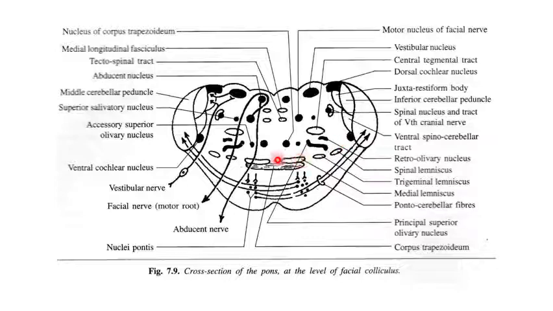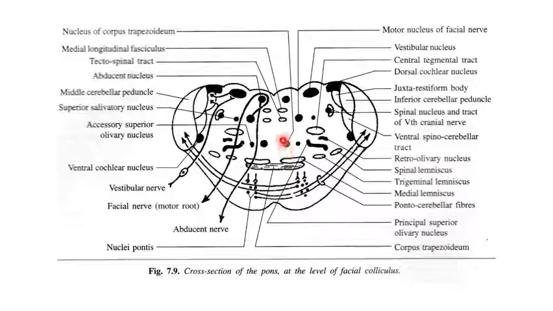Now behind the lemniscal system, you can see this group of nuclei, 1, 2, 3, and 4. This is the superior olivary nuclear complex. And this rounded nucleus, which is on the medial side, is the nucleus of trapezoid body.